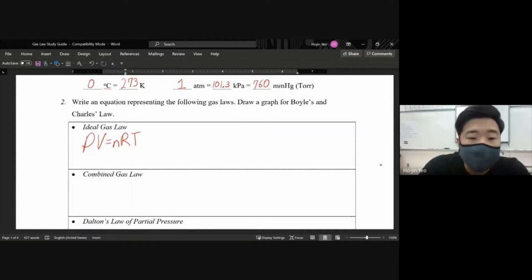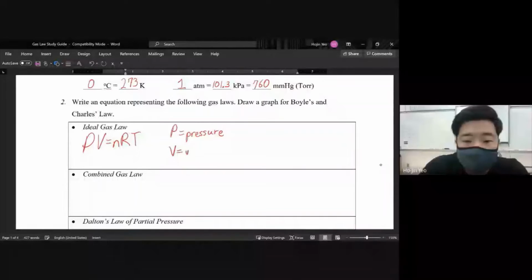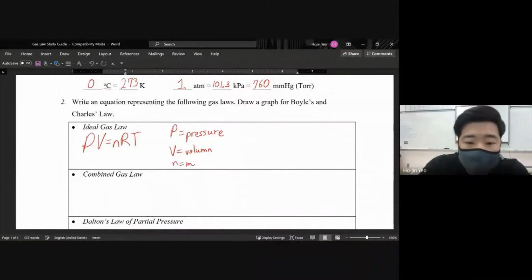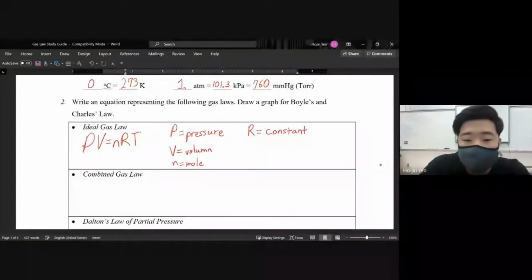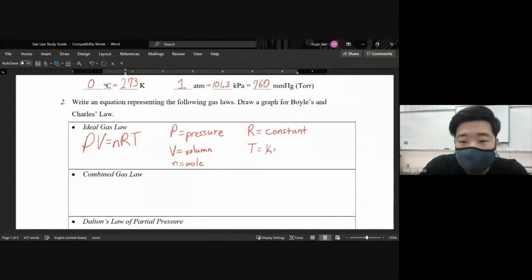If you don't remember what each of these letters stands for, P stands for pressure, V stands for volume, n stands for mole, R stands for the constant number, which will be shown as we scroll down the page, and T is for Kelvin.